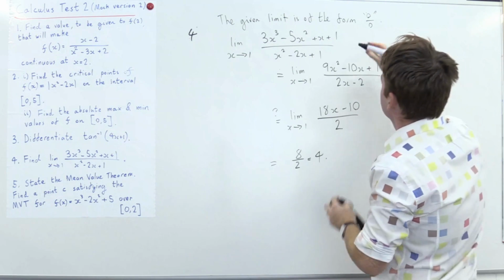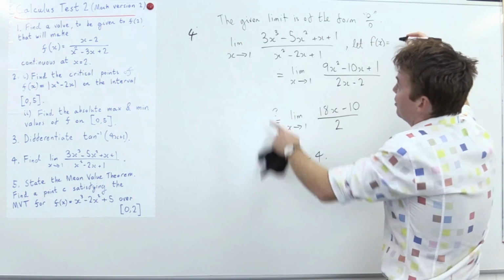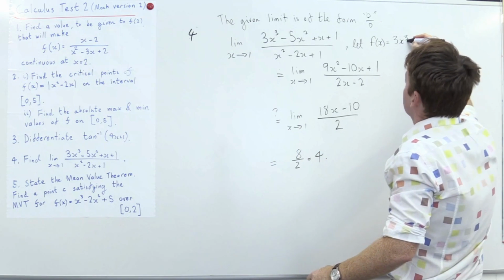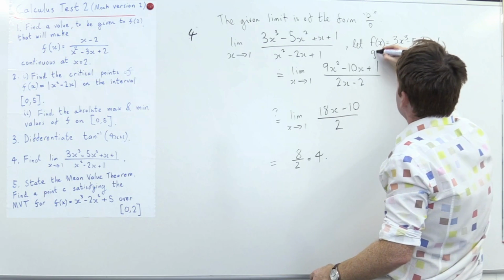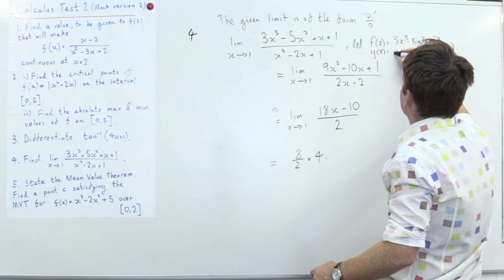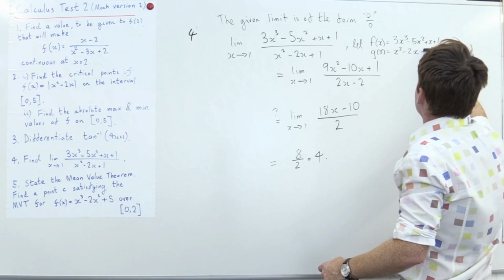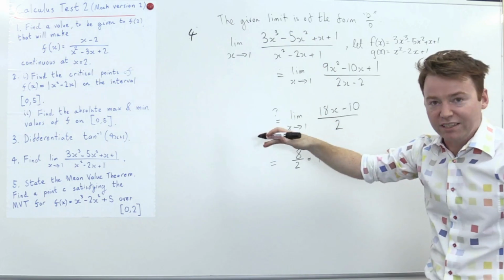So we'll say let f of x be equal to the numerator and g of x be equal to the denominator, too. Right. Now, you can't say that these things are equal yet. You don't know that yet.